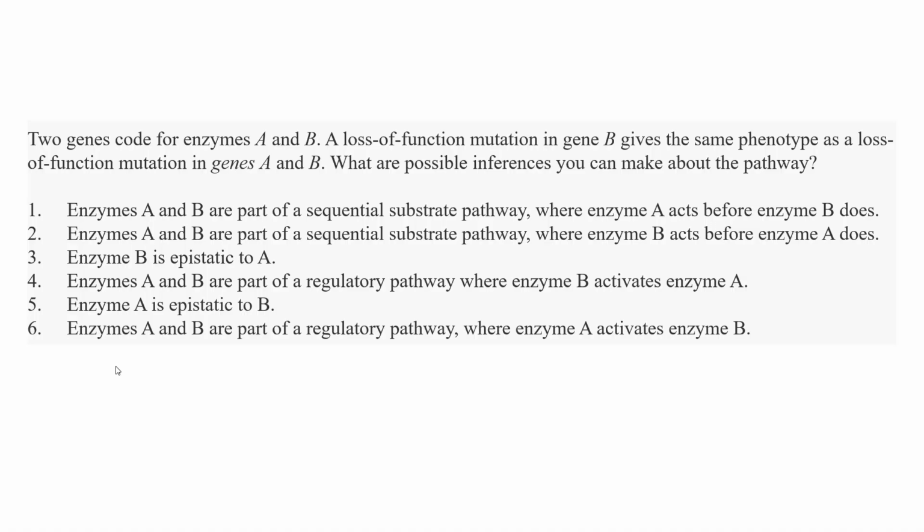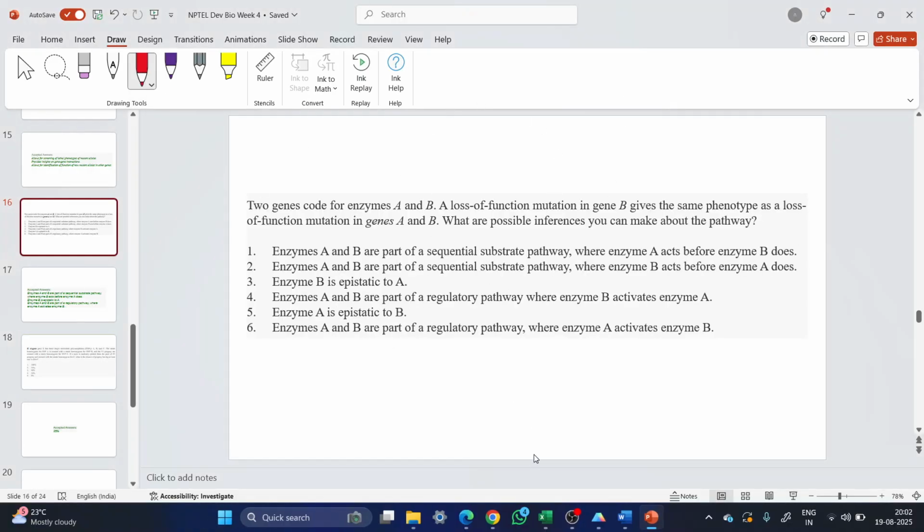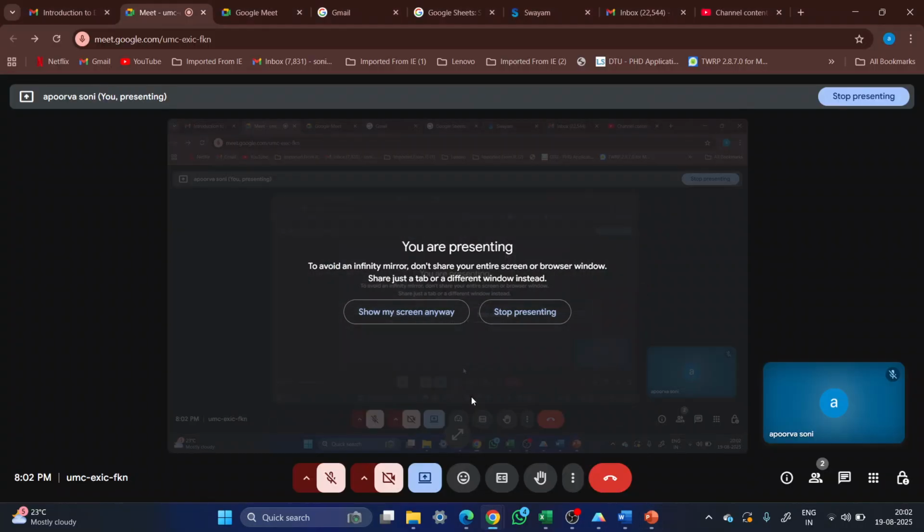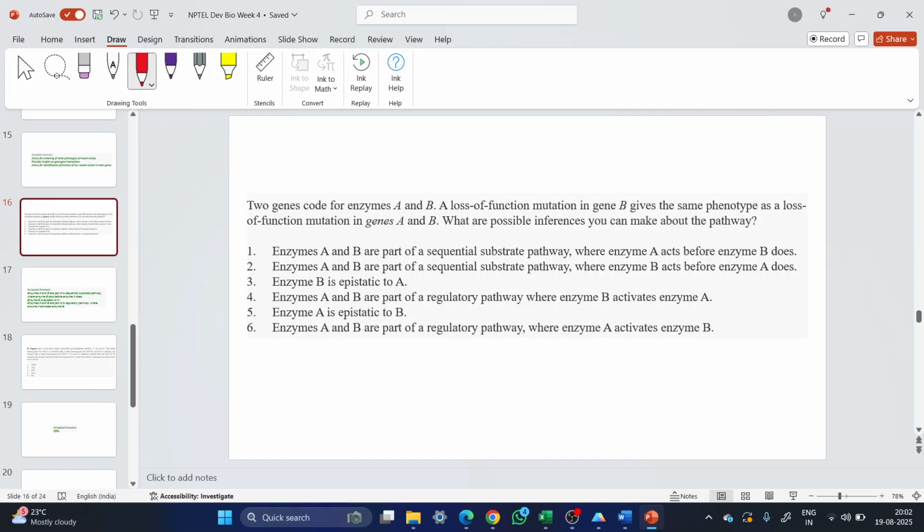Okay. So the question says, two genes code for enzymes A and B. A loss of function mutation in gene B gives the same phenotype as loss of function mutation in genes A and B. So what does it mean?